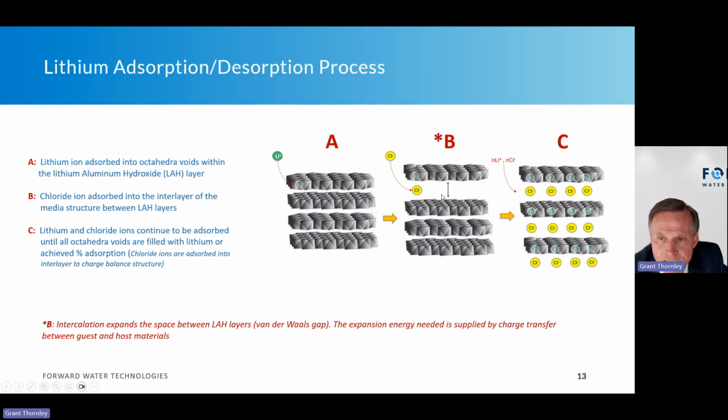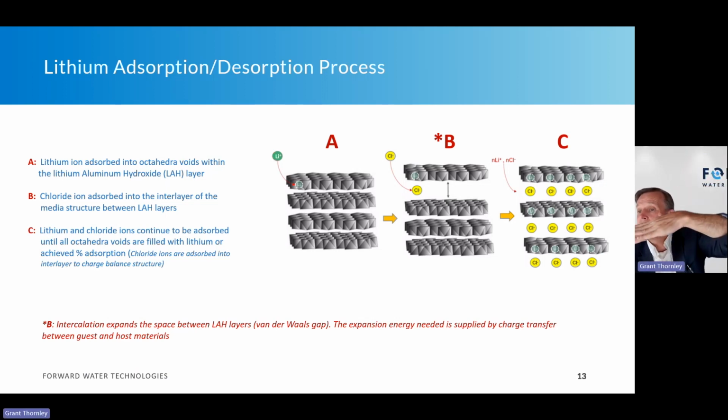And this is the interesting part of the aluminate sorbents, is that the actual layers, the aluminum hydroxide layers, expand and make room for the chloride ions. The layers, just so you know, are not chemically bonded to each other. They're held together by weak van der Waals forces, and we call that a weak van der Waals gap.